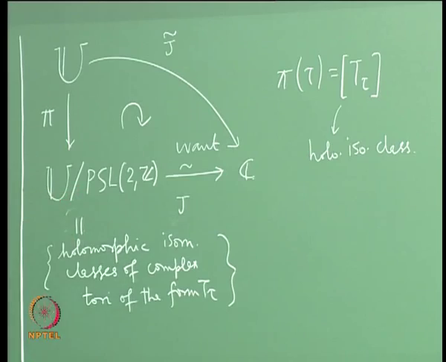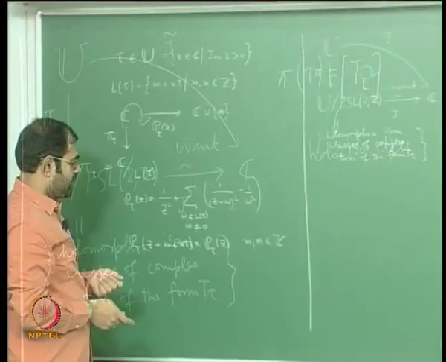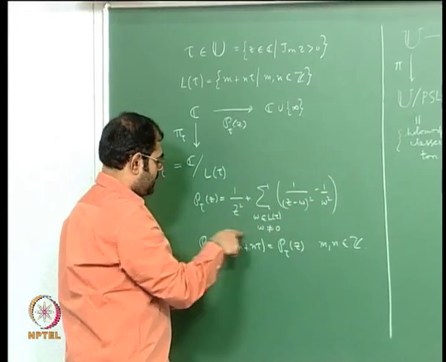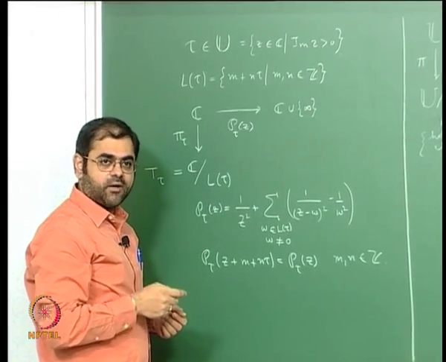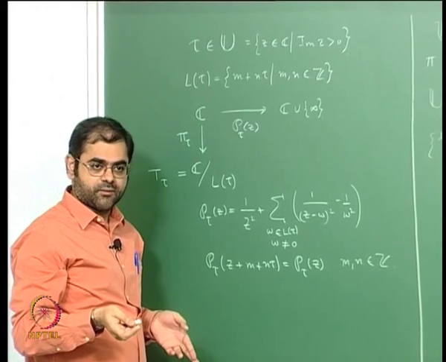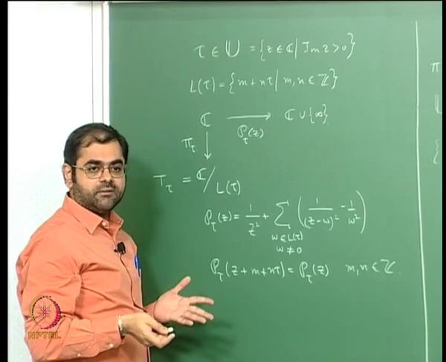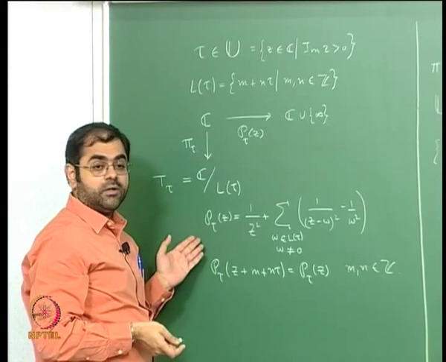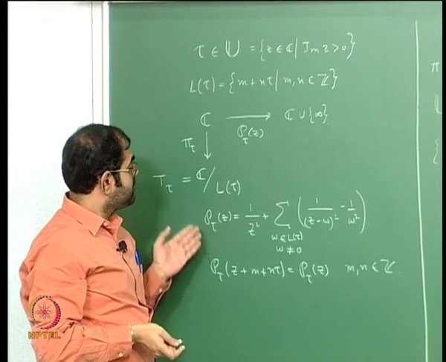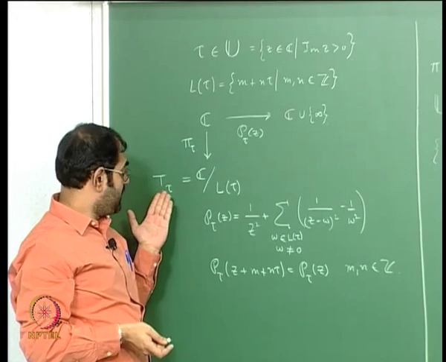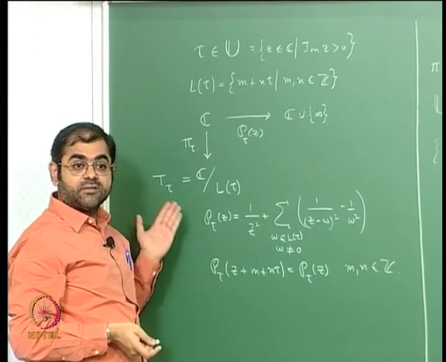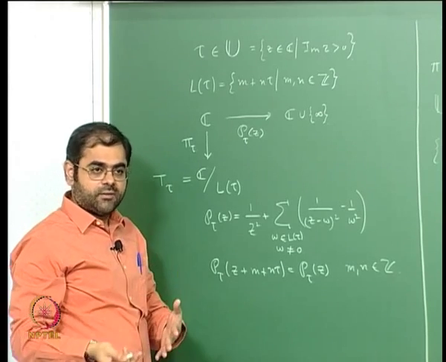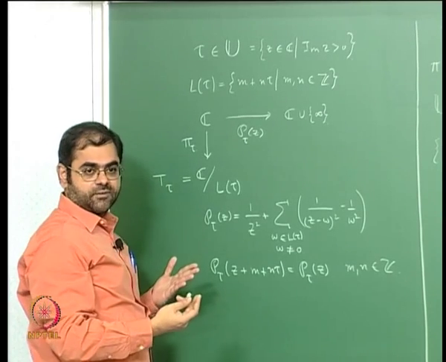The key to that is a beautiful differential equation satisfied by the Weierstrass P function, which is what I would like to prove in this lecture. That differential equation is of utmost importance also in showing that every complex torus like this actually has an algebraic structure. That will also come out as a result of that differential equation.